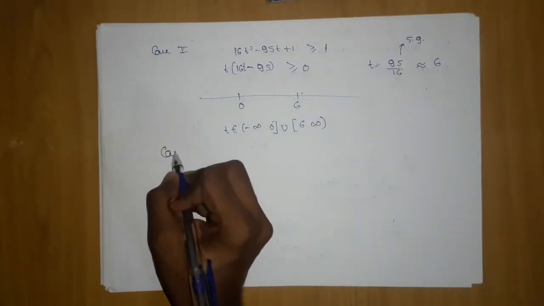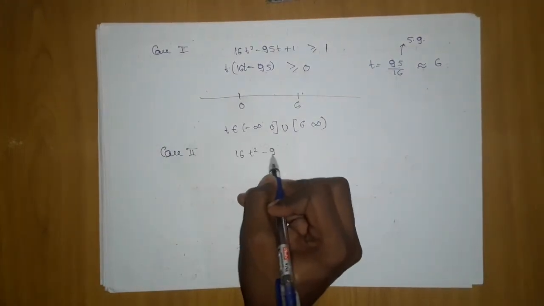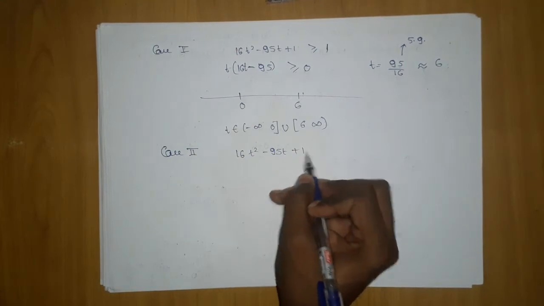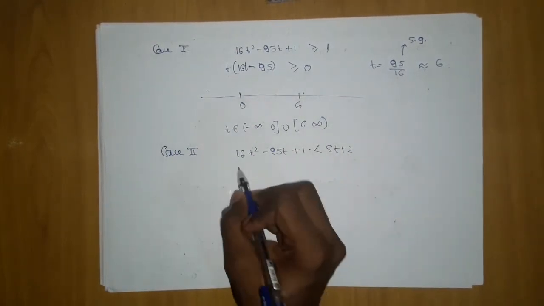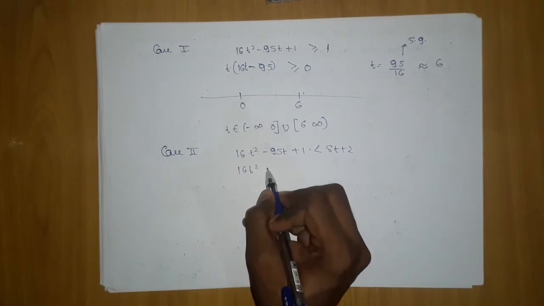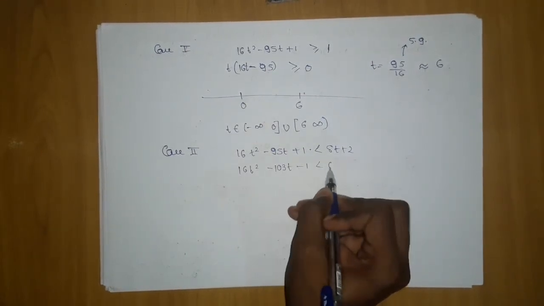Now from case 2, 16t square minus 95t plus 1 is less than 8t plus 2. If I move it, that says 16t square minus 103t minus 1 should be less than 0.